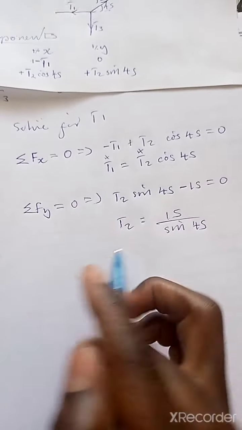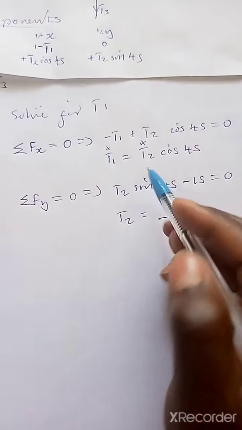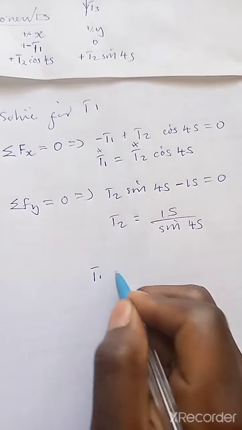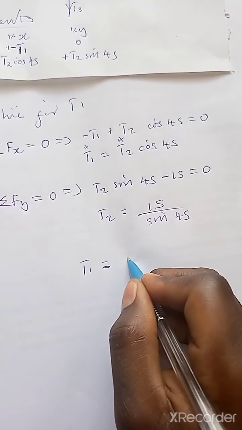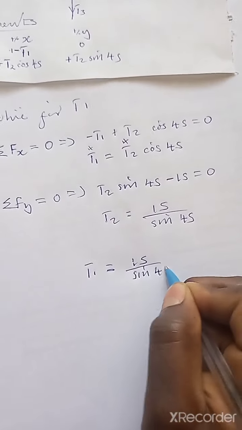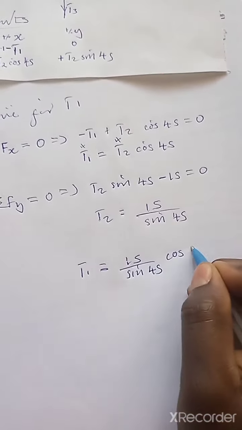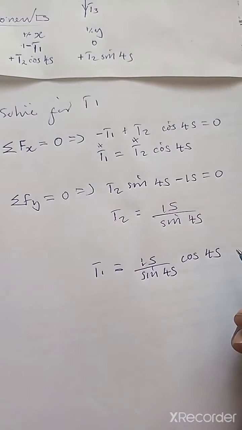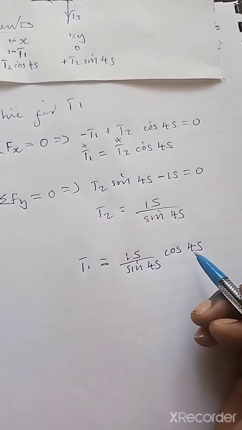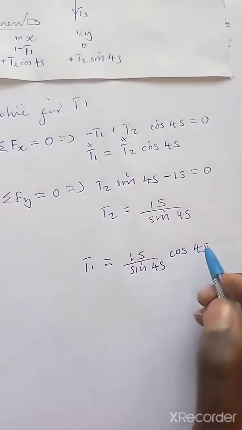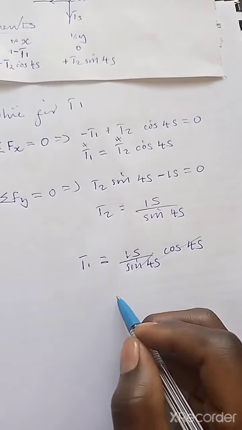Okay, so we'll substitute for T2 here so that we get T1. T1 is equal to, where there is T2, I'll put 15 over sine 45, times cos 45. You can either do this on a calculator, or we know cos 45 and sin 45 are equal, therefore this will be equal to 1.